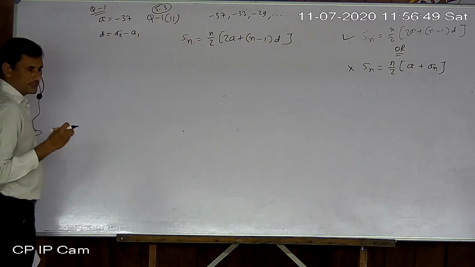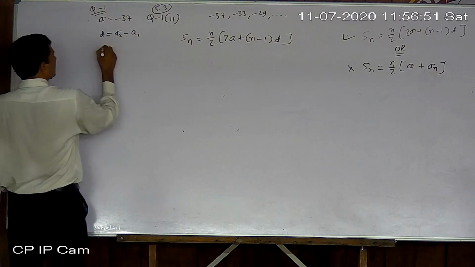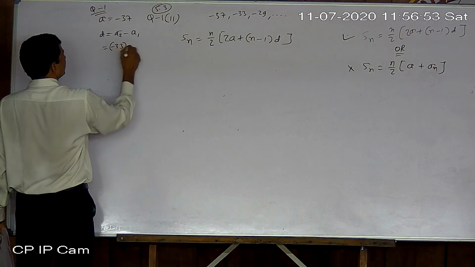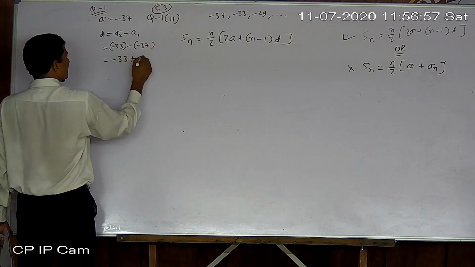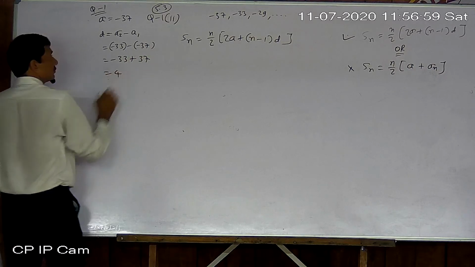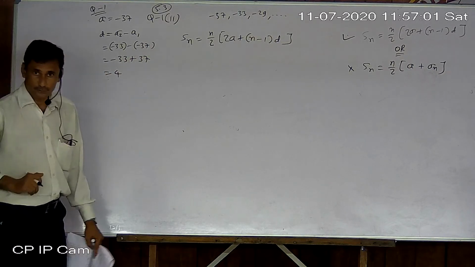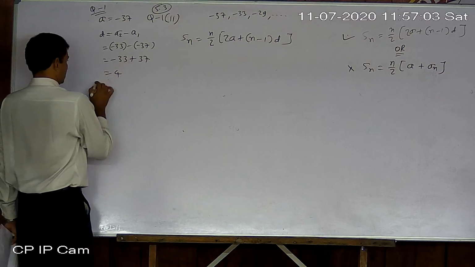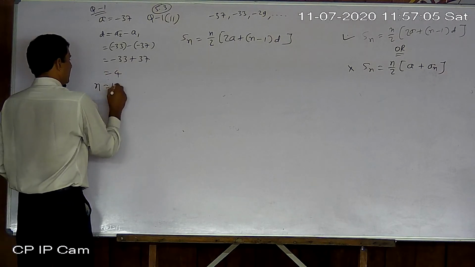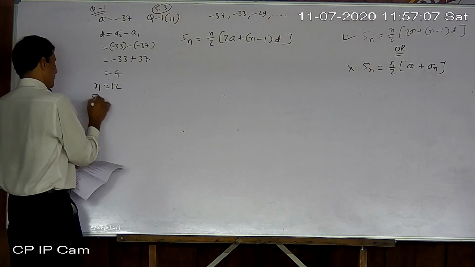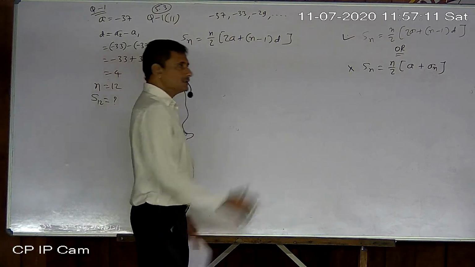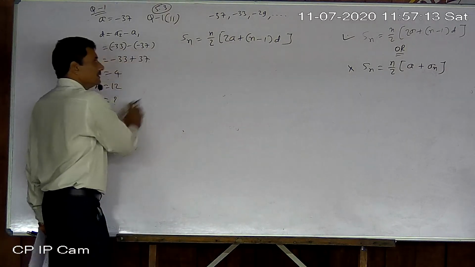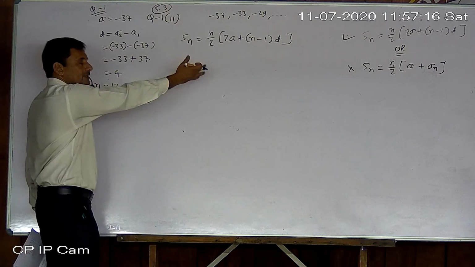Don't find it orally. So just place both values, minus 33, minus 37. So minus 33 plus 37, so it will be 4 only, plus 4, not minus 4. And they have given 12, and we want to find Sn, meaning S12.